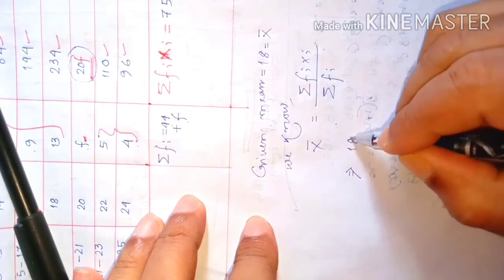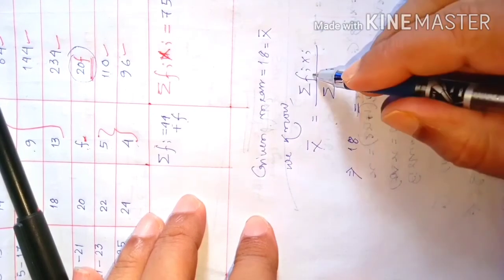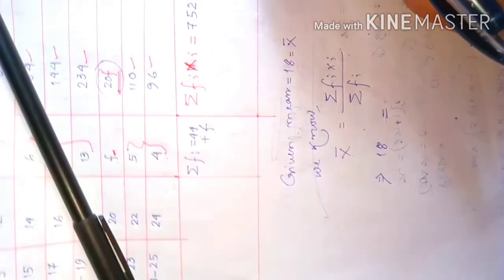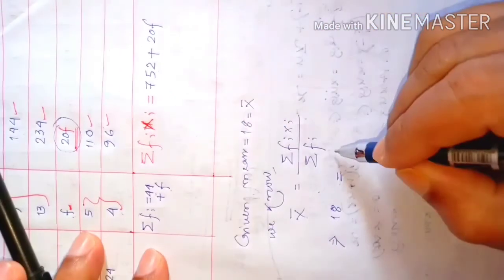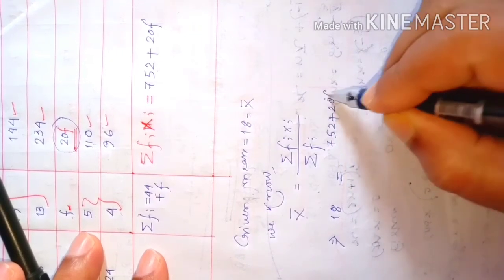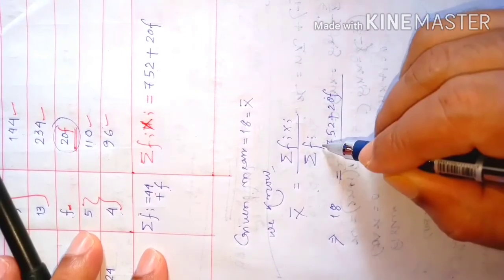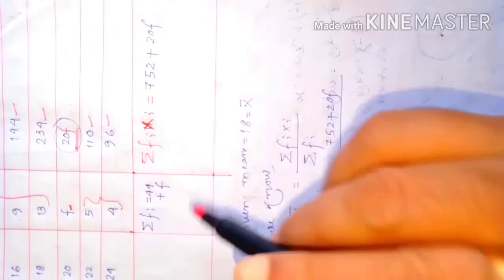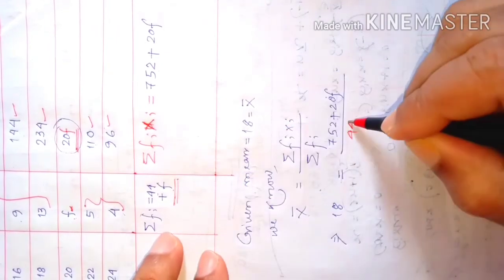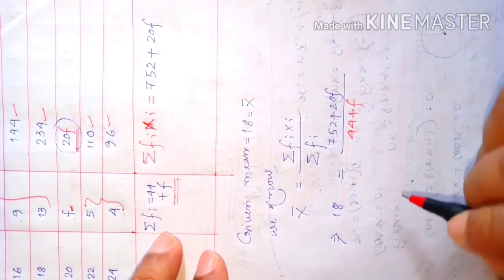So 18 is equal to sigma fi xi, that is this number 752 plus 20f, divided by sigma fi. Sigma fi is this expression, 44 plus f.